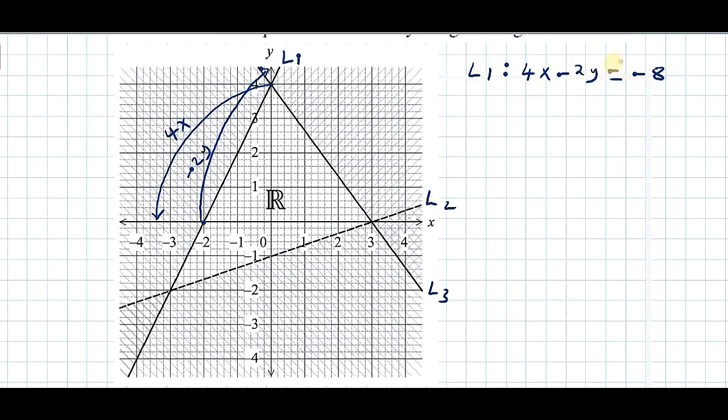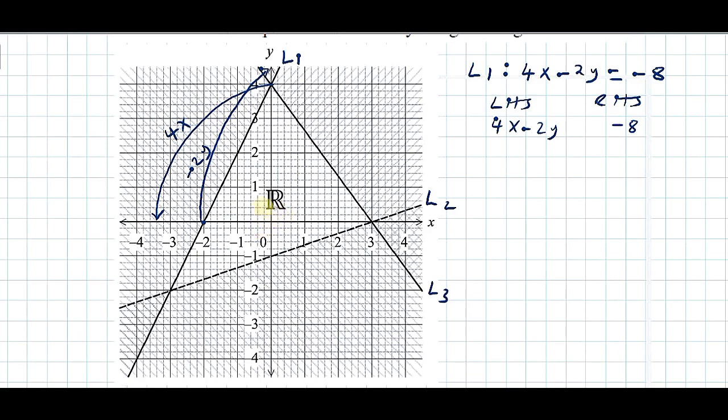The next thing, we're going to replace the equal sign with an inequality symbol. So let's consider the left-hand side of this equation and the right-hand side. The left-hand side is 4x minus 2y, and the right-hand side is -8. Now we're going to pick points randomly from the region R. Well, my favorite point is usually the origin, where x is 0 and y is 0.